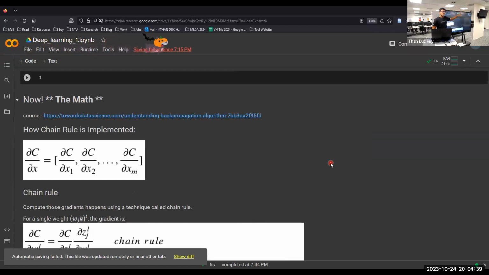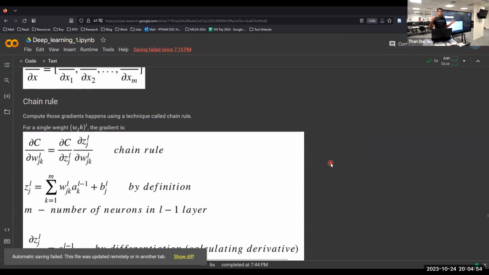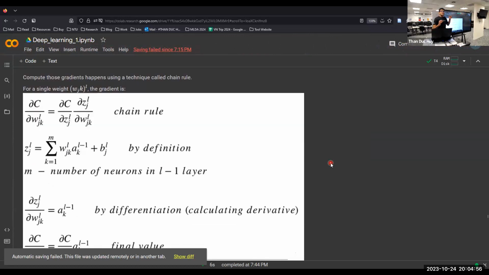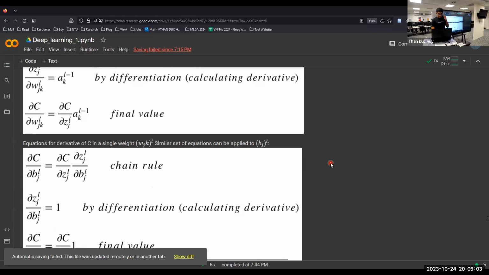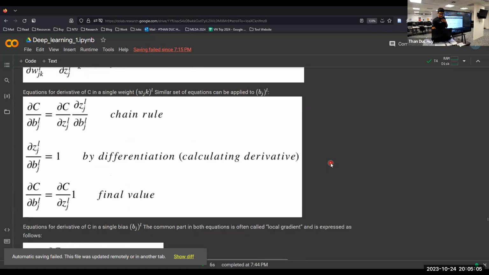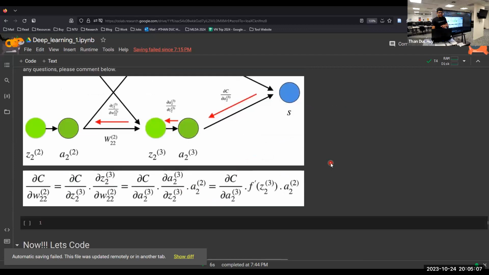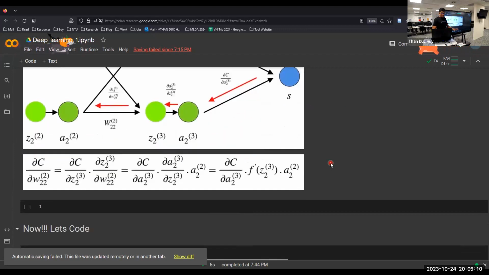If the gradient is big, it'll move the weight further, and if the gradient is small, it'll move the weight by a smaller amount. If you keep doing it again and again, you will reach a point where the loss is as low as possible, or close to it. So this basically demonstrates backpropagation.